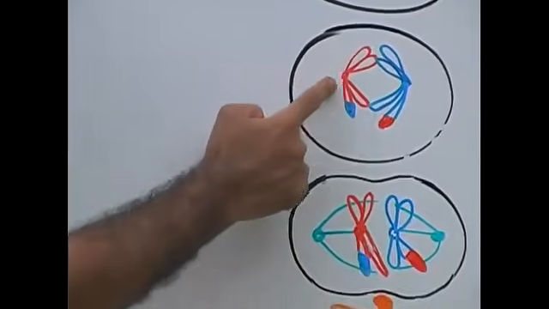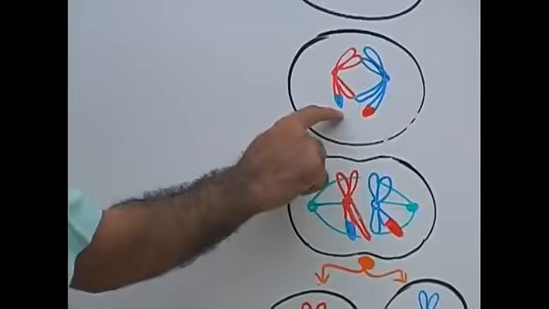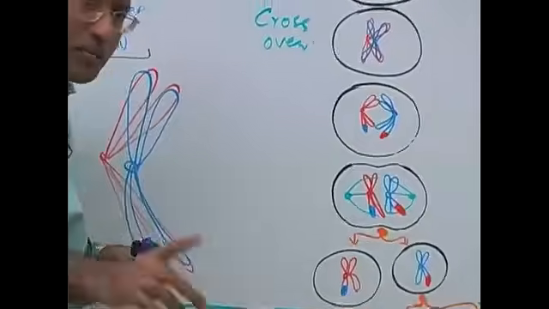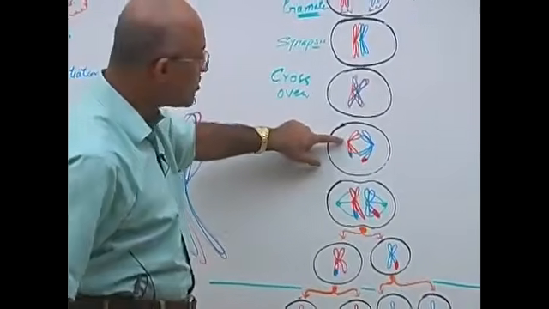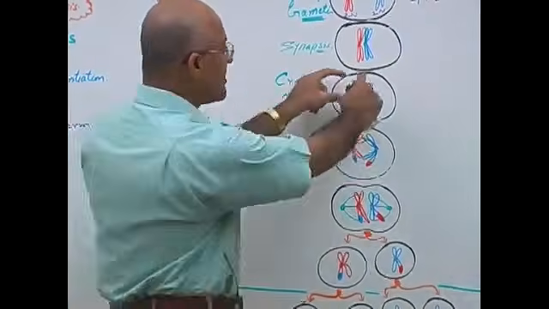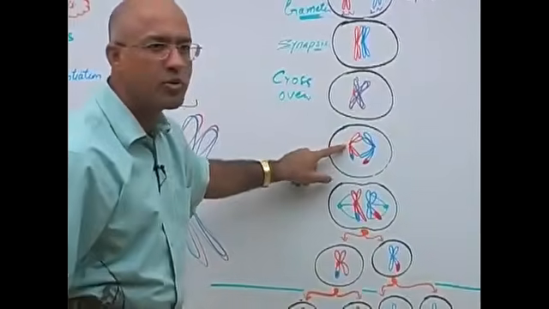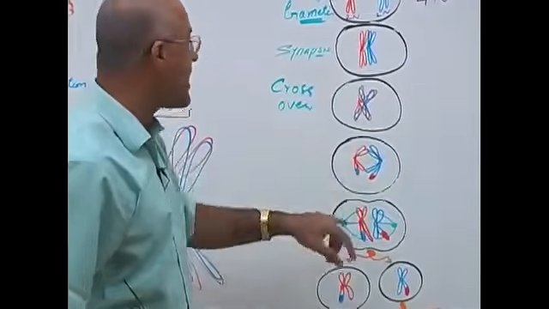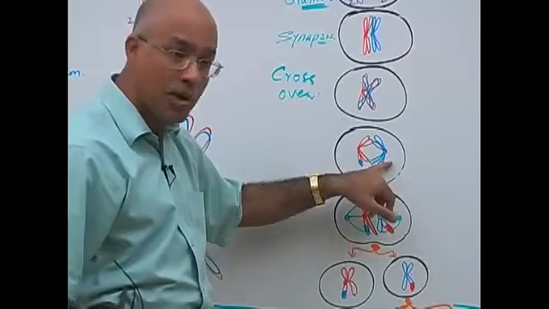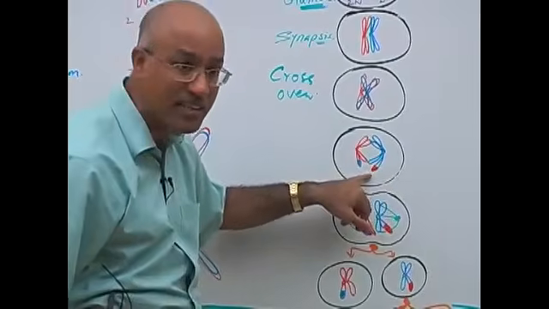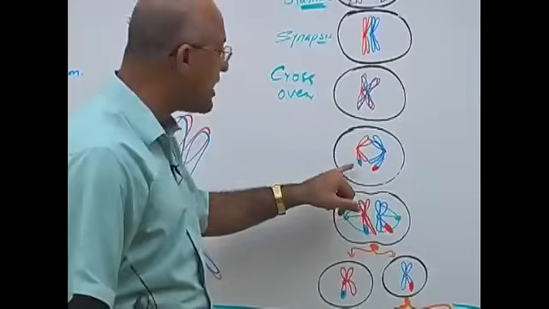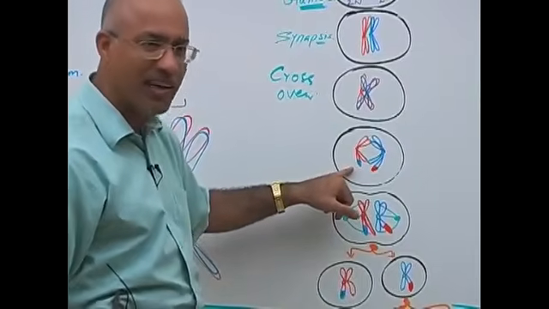So now this maternal chromosome has some paternal genes and this paternal chromosome has some maternal genes. So after the crossover, when they separate, maternal chromosomes are not purely maternal, they have some paternal material, and paternal chromosomes are not purely paternal, they have some maternal material.